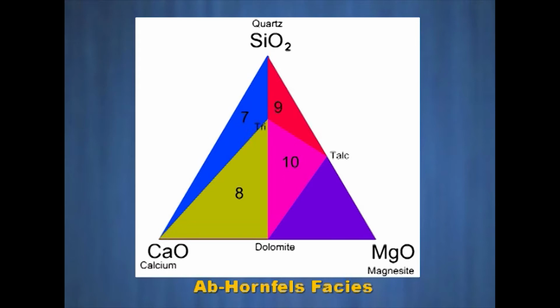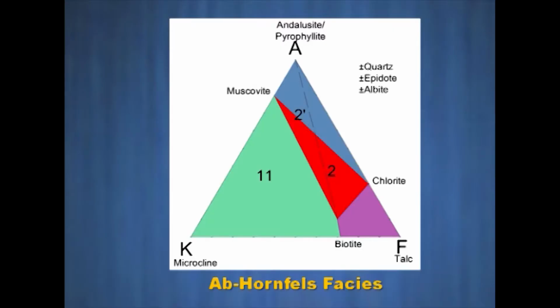Typical assemblages shown in figures 1, 2 and 3 are: first, the pelitic assemblage. The pelitic assemblage is quartz, muscovite, biotite, chlorite, albite, epidote. Second, quartz, muscovite, biotite, andalusite, pyrophyllite.